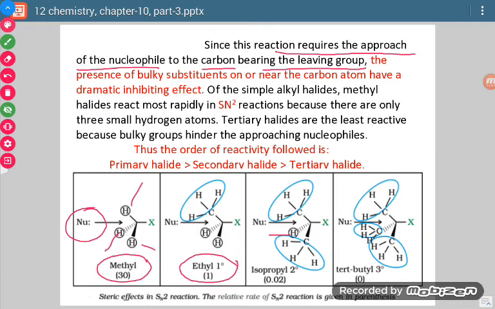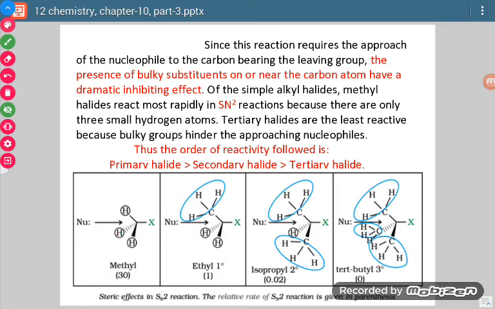In case of secondary, there will be more hindrance because two bulkier groups are there, they will cover more space, and the attachment of the nucleophile with the carbon will be a little difficult. In case of tertiary, it will be most difficult because from three sides the carbon will be covered by three bulkier groups and the addition of the nucleophile will become difficult.